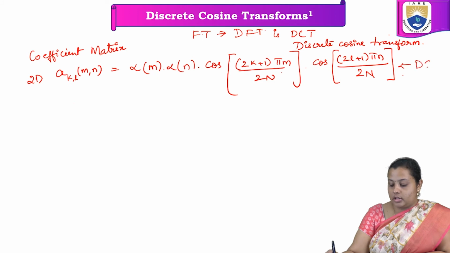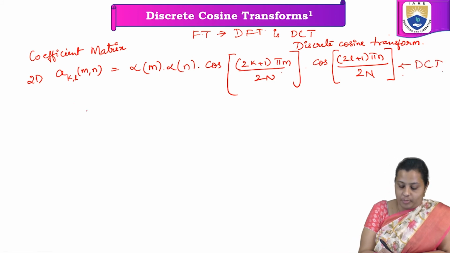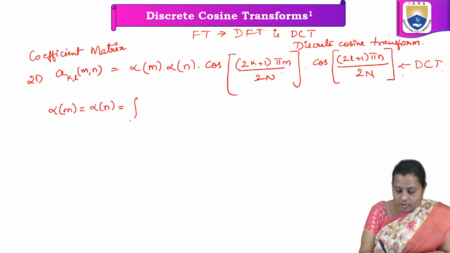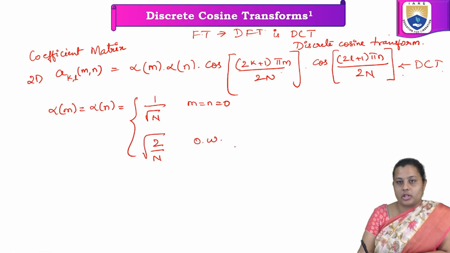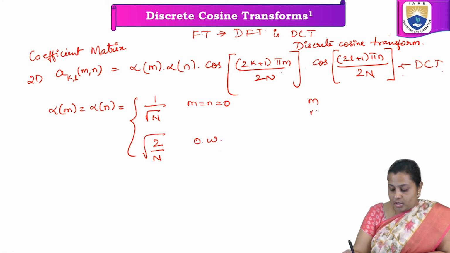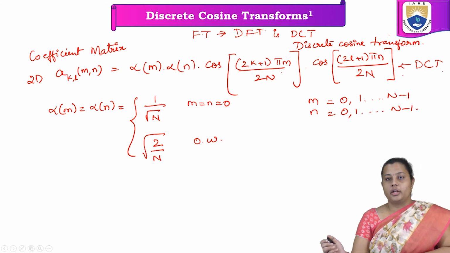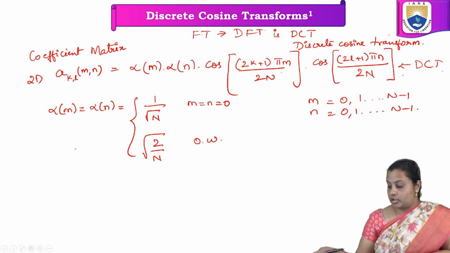Right? This is called the DCT, the discrete cosine transform, where alpha of m equal to alpha of n equal to 1 by root N if m equal to n equal to 0, and square root of 2 by N for all the rest of the cases, where m and n range from 0, 1, 2, so on to N minus 1. So this is my coefficient matrix for my discrete cosine transform.